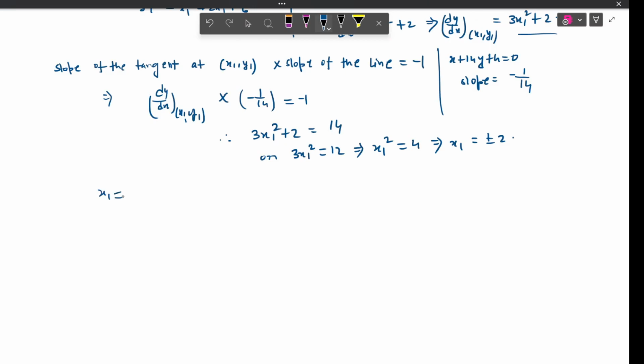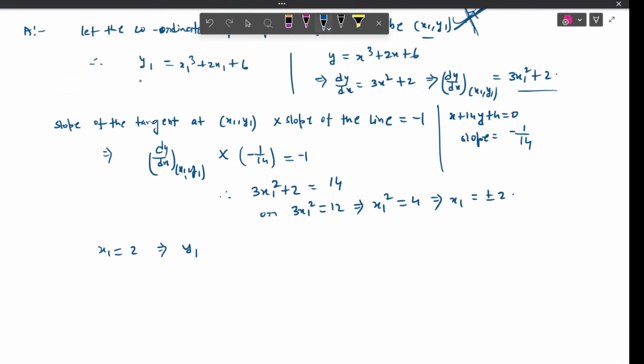If x1 is plus 2, y1 should be, put this in the curve equation, 2 cube plus 2 into 2 plus 6, that is 18. And if x1 is minus 2, y1 would be minus 2 cube plus 2 into minus 2 plus 6.